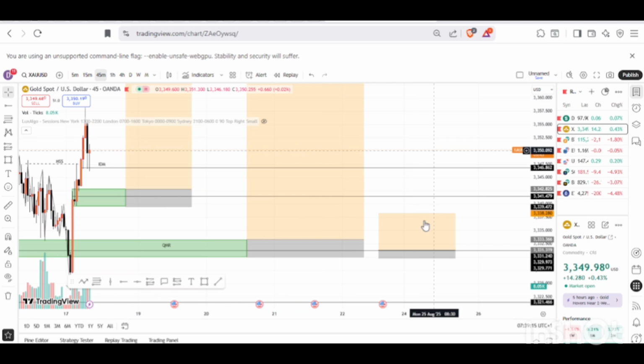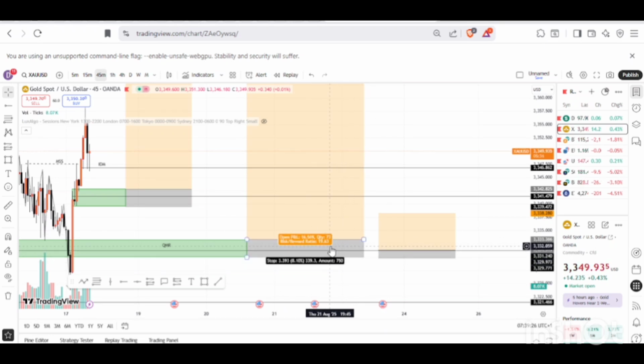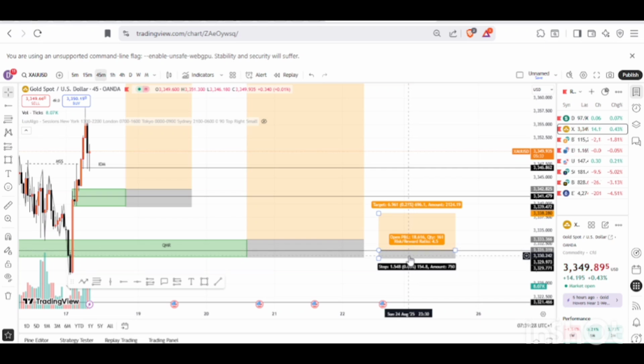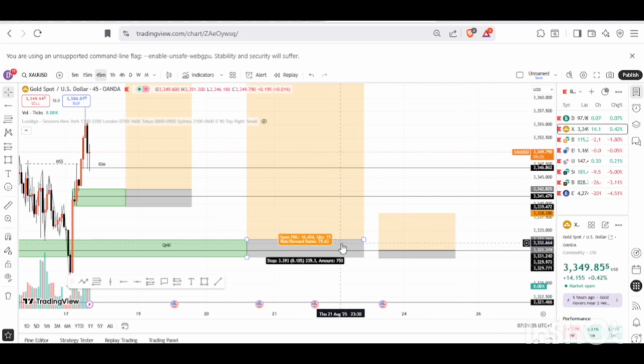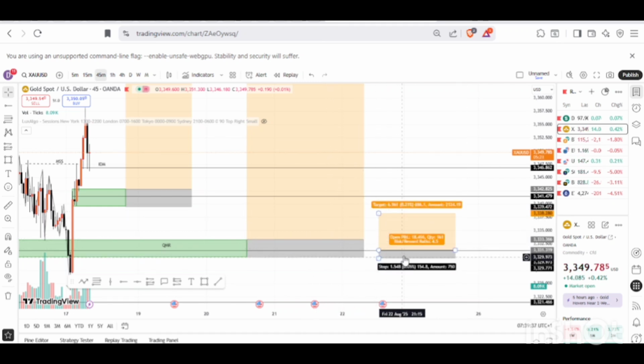So if I intend to risk 1% on my account and I see this opportunity, I'm going to use 60% of my 1%, which is 0.6%, and then 40% here. If I'm meant to take one lot on gold, I'm going to do 0.6 lots here and 0.4 lots here.